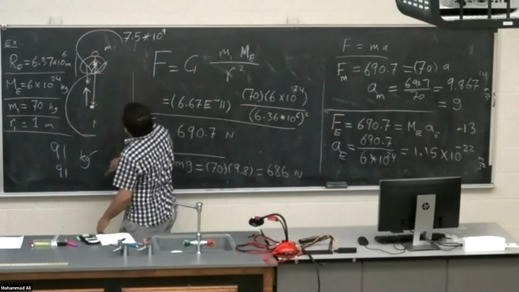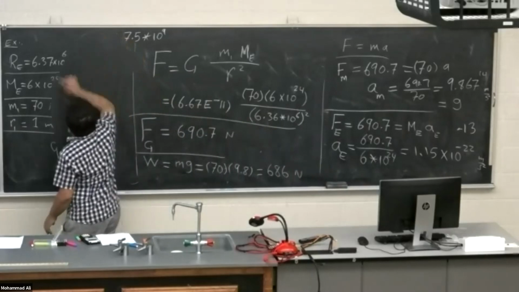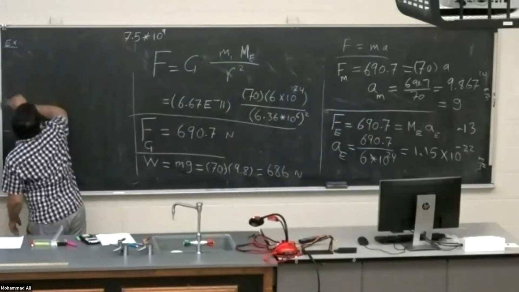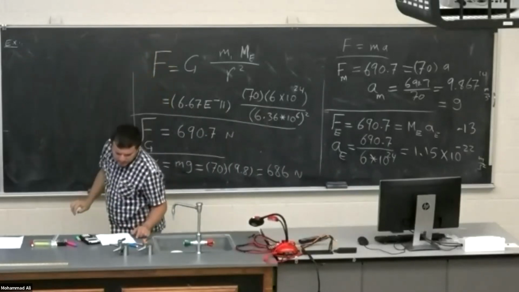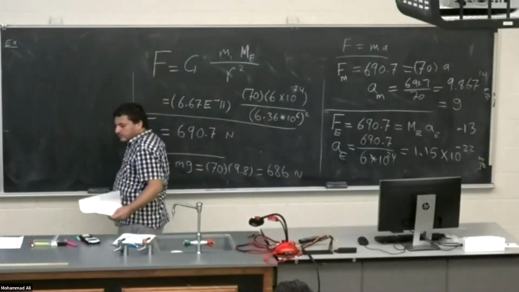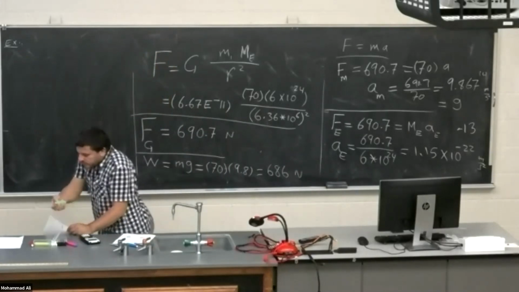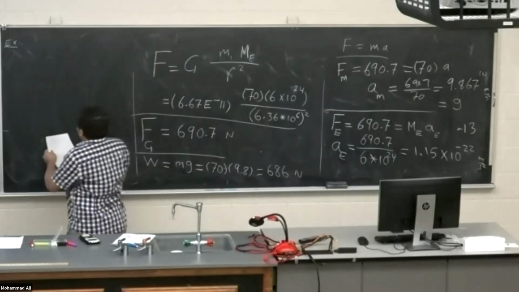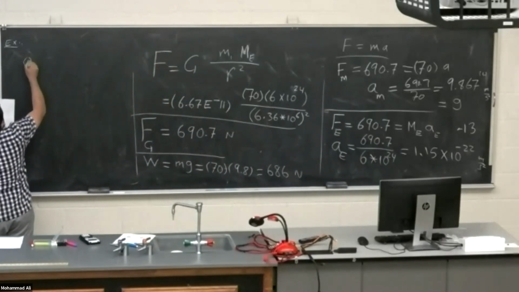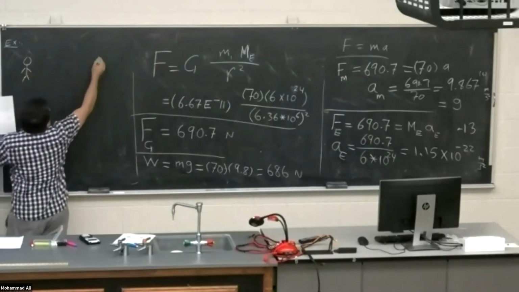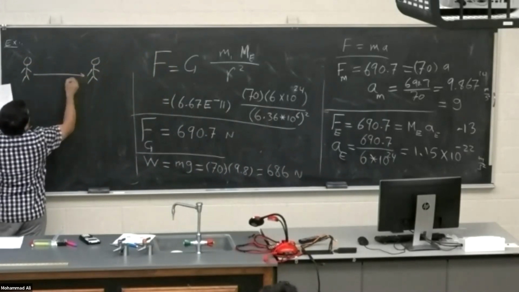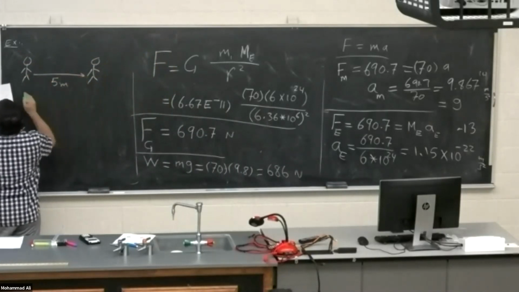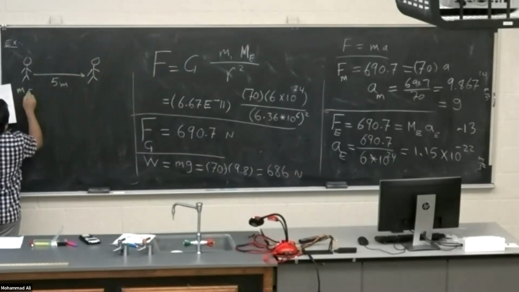Now I will solve another example with different masses, with different objects. If we have, for example, two persons, the distance between them is 5 meters. This is M1, 60 kilograms.